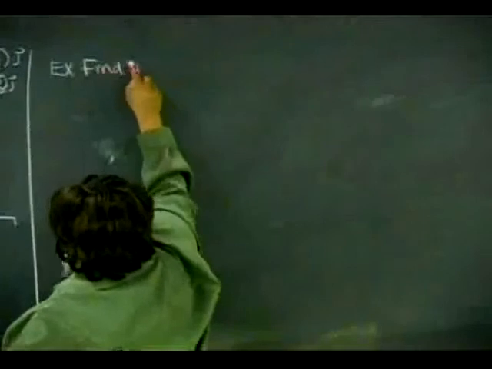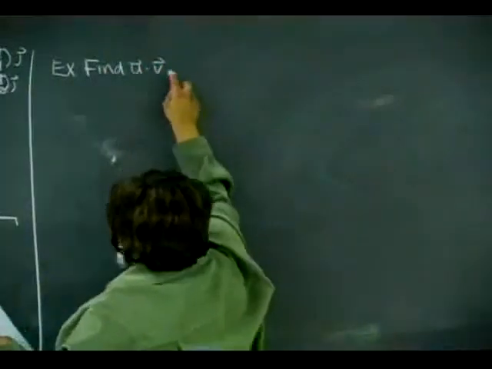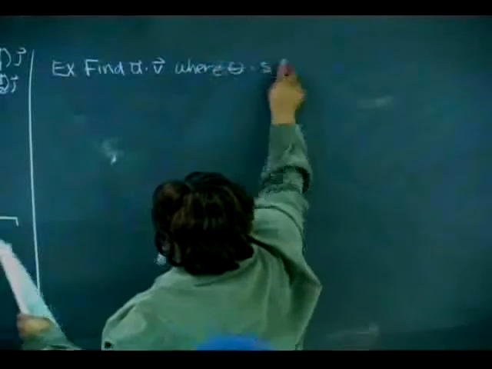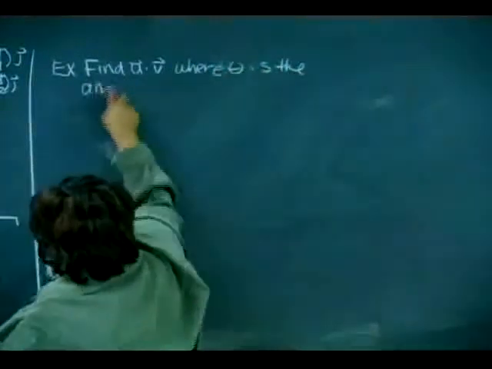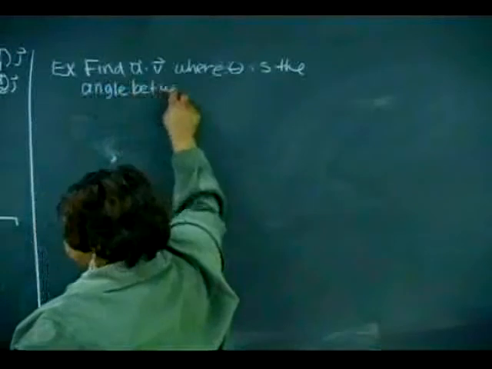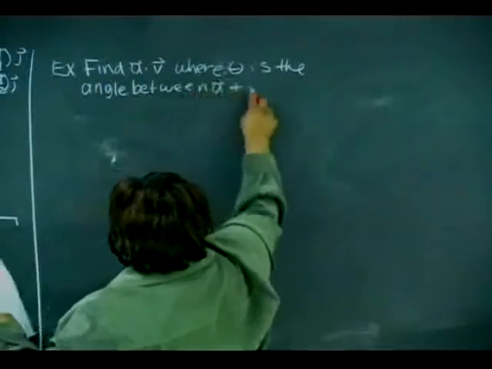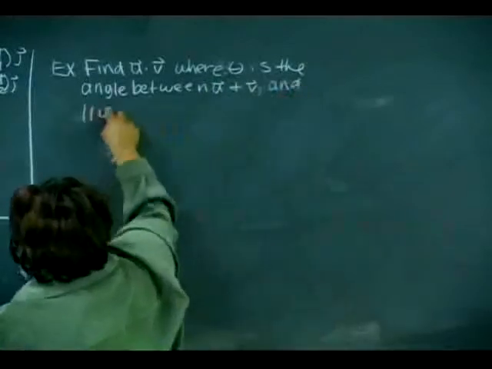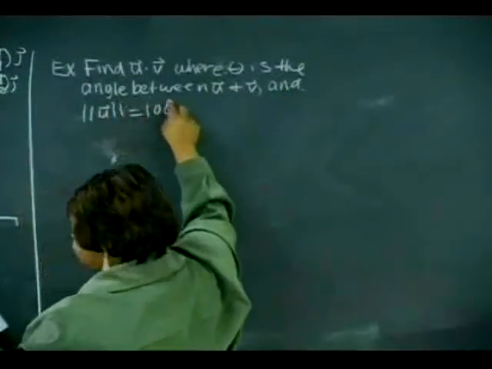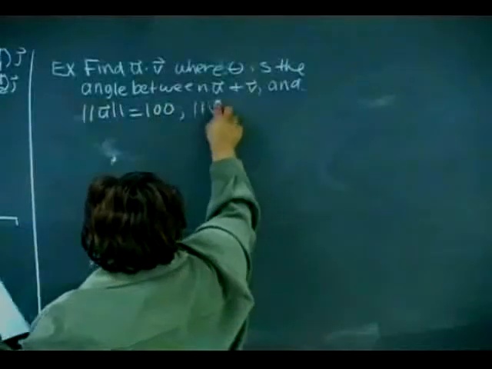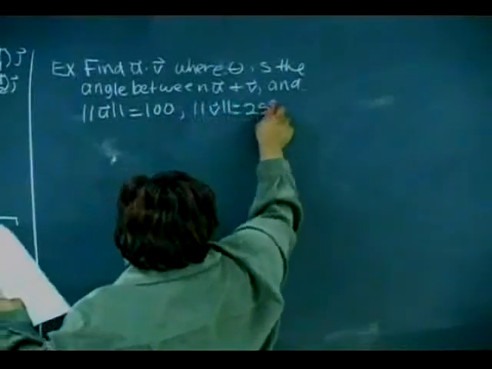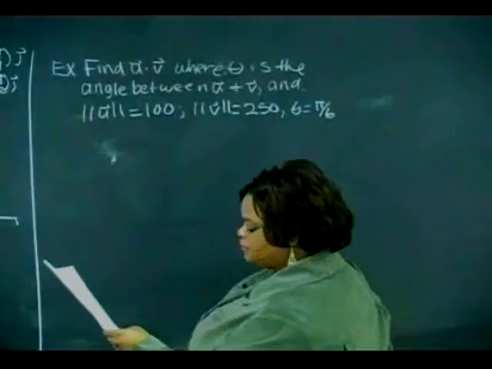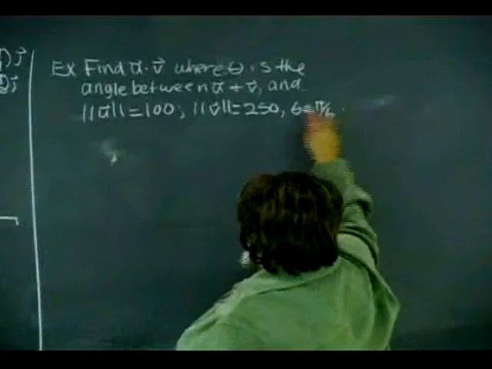Let's find u dot v, where theta is the angle between u and v, and the length of u is given to be 100, the length of v is given to be 250, and theta is given to be pi over 6. So they're giving us all our information.